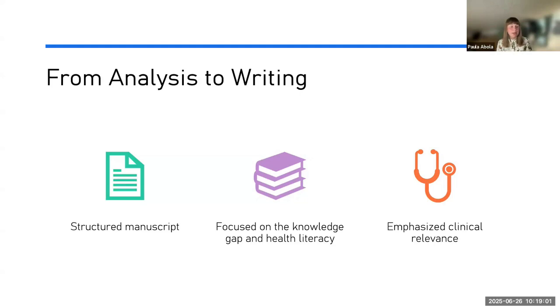I focused the paper on the knowledge gap between patients and practitioners. Since those with lower education levels were less likely to have knowledge of pharmacological management options, I focused a lot of my discussion on that and on what could be done in clinical practice to improve this for people with lower education levels.